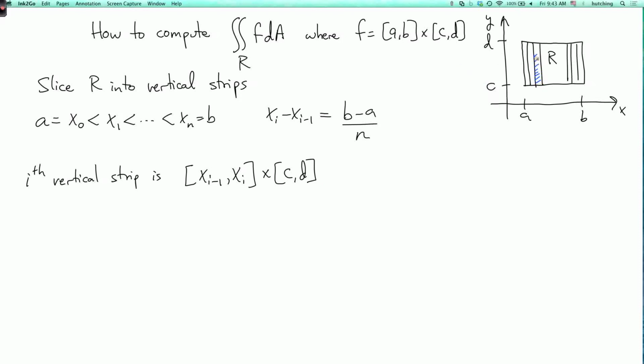That's the third vertical strip in this picture. Okay? And the total double integral is the sum from i equals 1 to n of the double integral over the ith vertical strip.